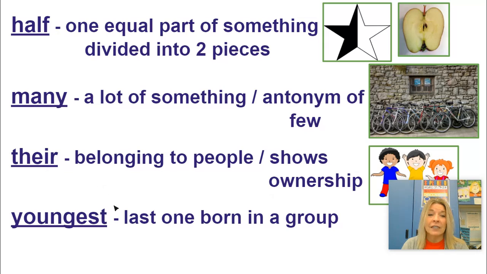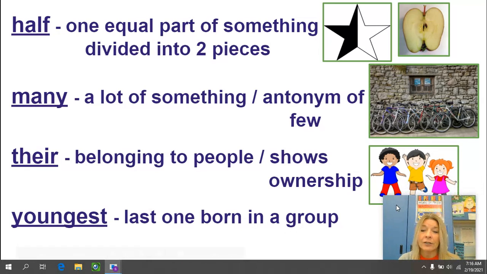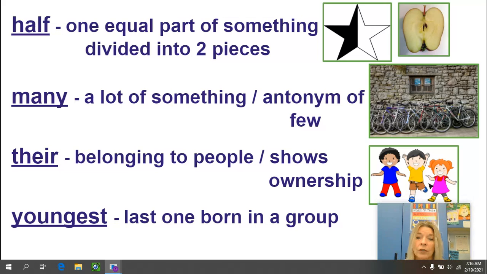The last one on this slide is youngest. Can you say youngest? Excellent. The base word is young, and we added that suffix est. So we're comparing some people. And the youngest is the last one born in a group. So if you look at this group of people, these are actually kids.